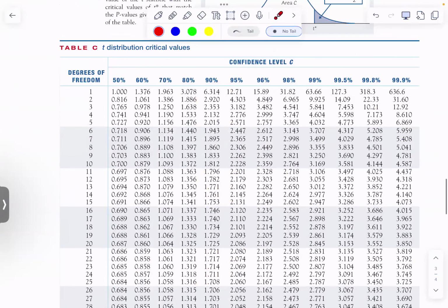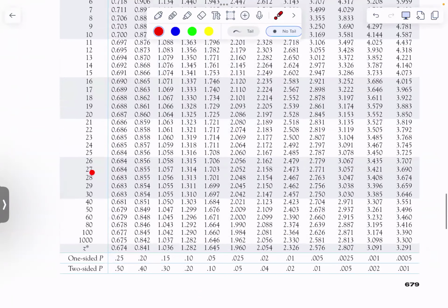On our t-table, we try to find 31 degrees of freedom, but I am choosing between 30 and 40. You would pick 30, because you always need to round down. Even if we had 39 degrees of freedom, it's tempting to use 40, but you have to go to 30.